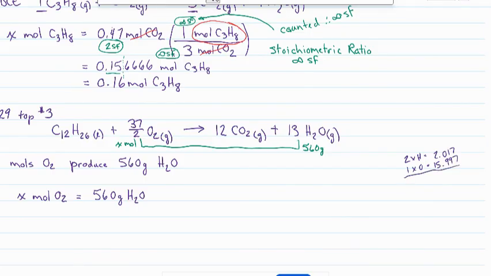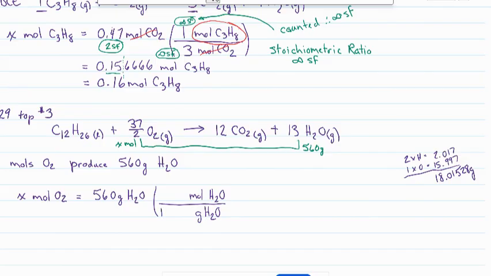And if we add those up, we are going to get 18.01528. Now, obviously, I did not use enough decimal places on there, but if you use the decimal places from your periodic table, that works. Okay, so now we need to figure out what we can do for grams of water, and we want to find moles of water, because moles to moles is the only thing we really know how to do with our stoichiometric conversion factors.